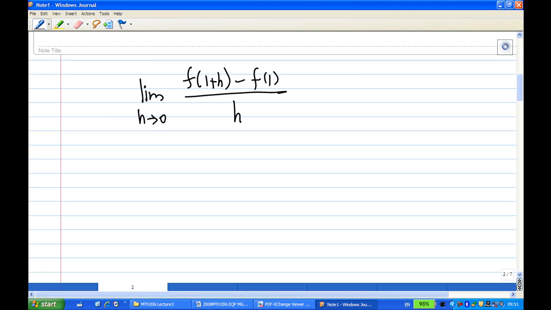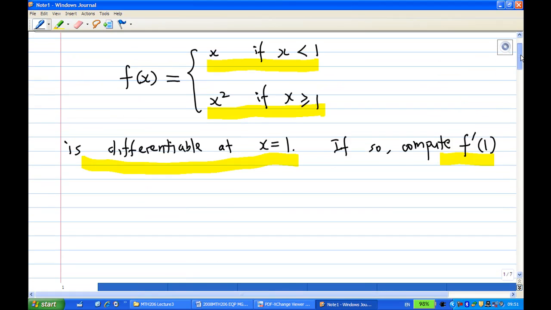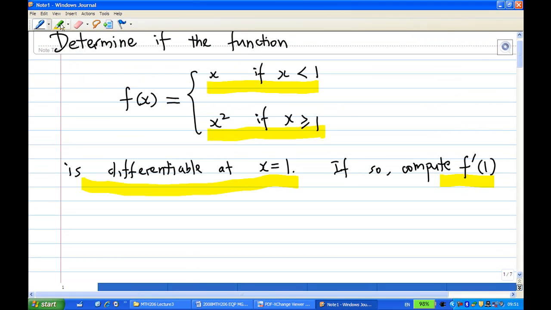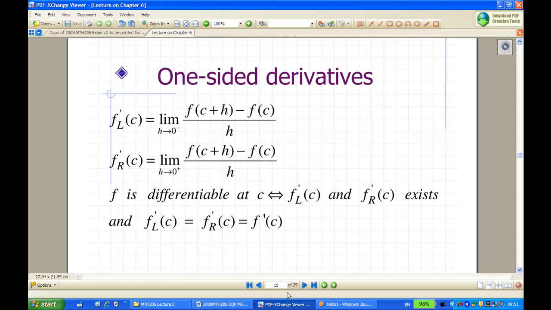The reason we use 1 here is because our point of interest is x equal to 1. This is the point c here. If you look at the slide, the c is 1.